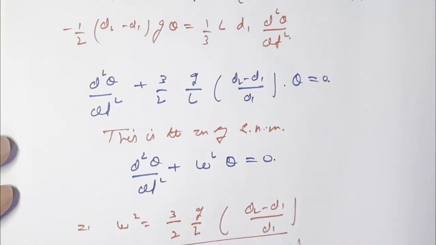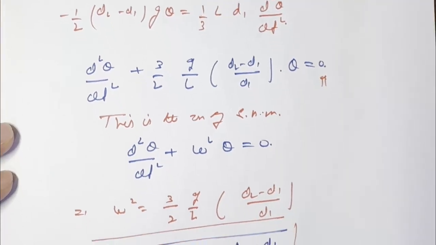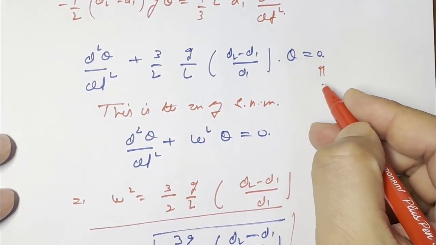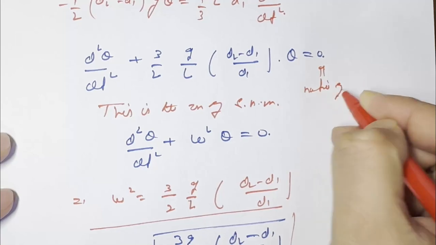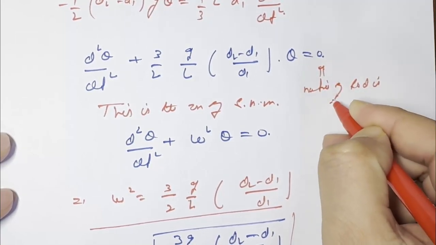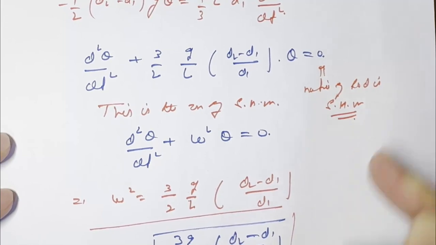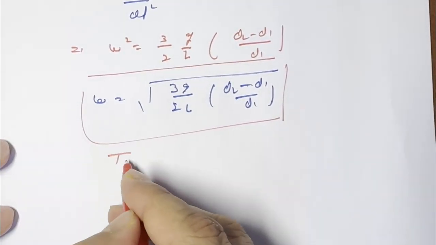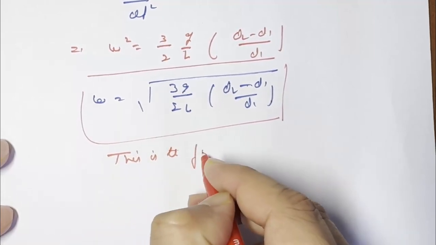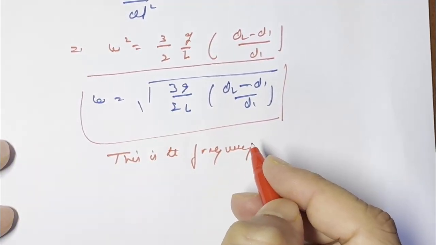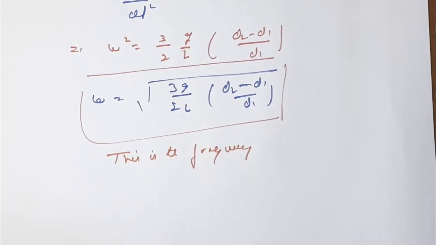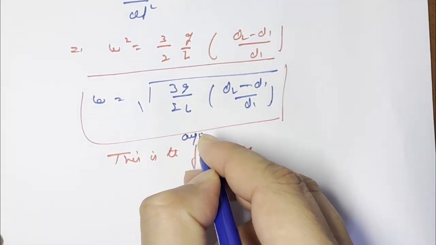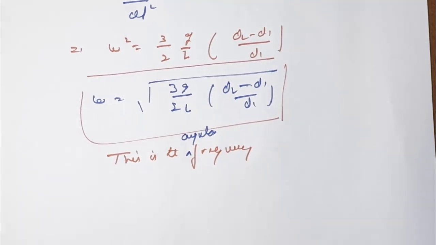So this proves that the motion of the rod is SHM, and this is the angular frequency of the rod.